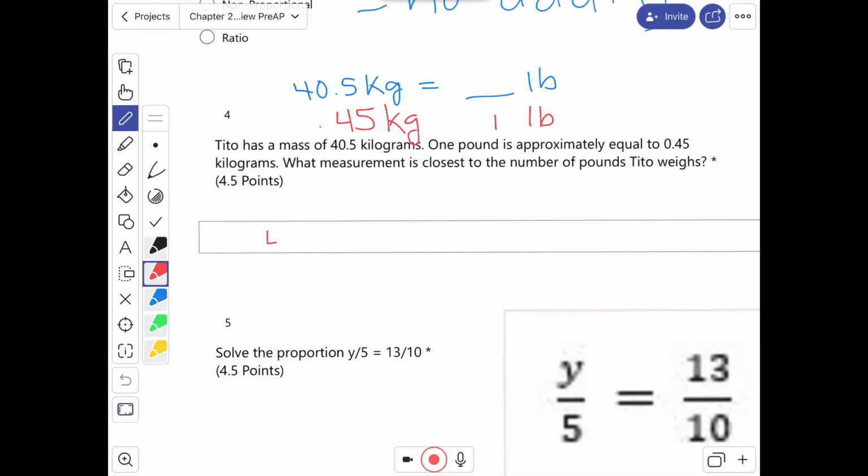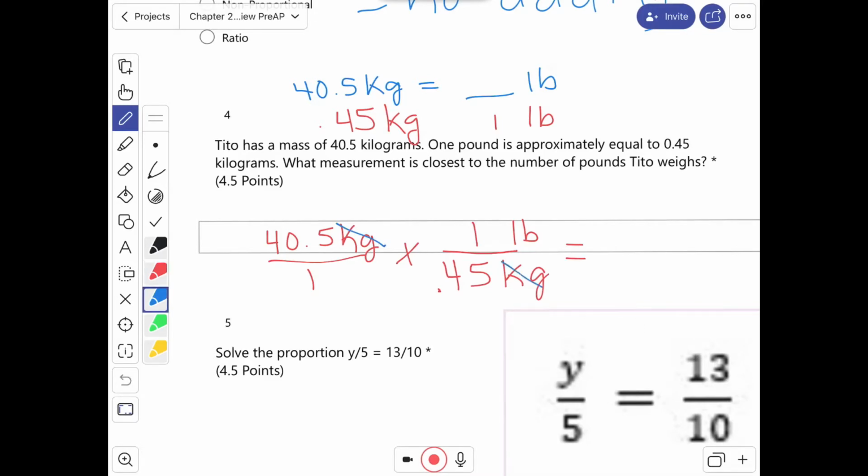So the way we set these up and showed you how to work them was we have 40.5 kilograms over 1 times, we want to change it to pounds, so that's on top. 1 pound is 0.45 kilograms.